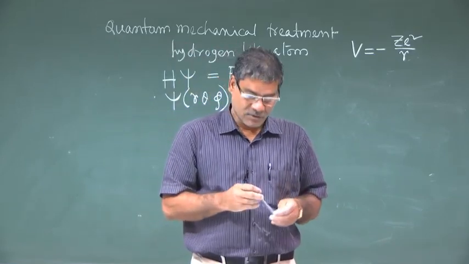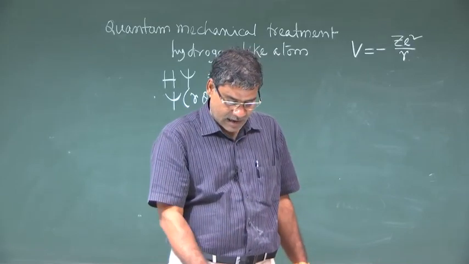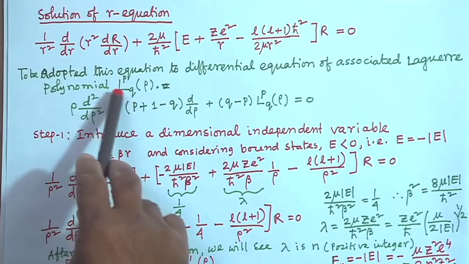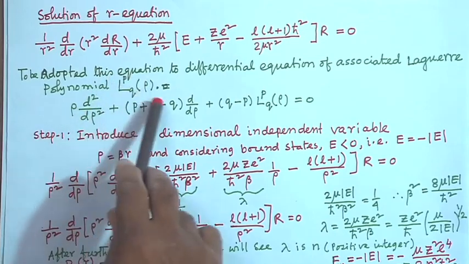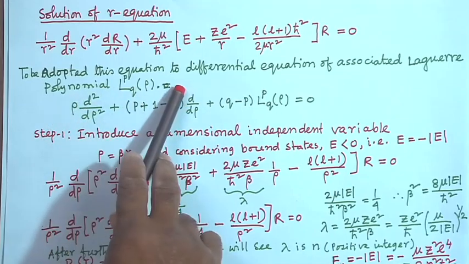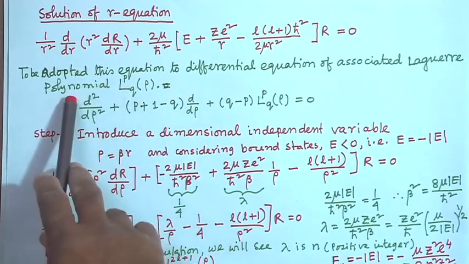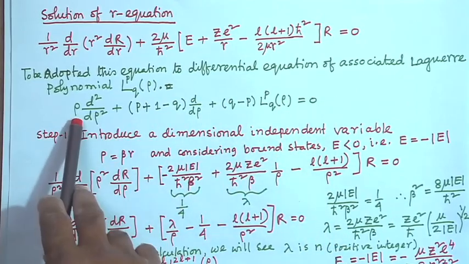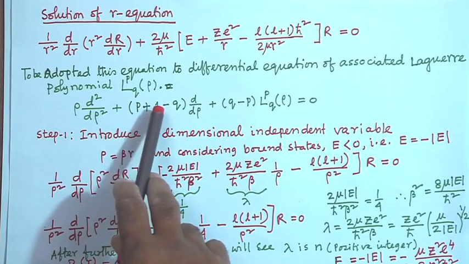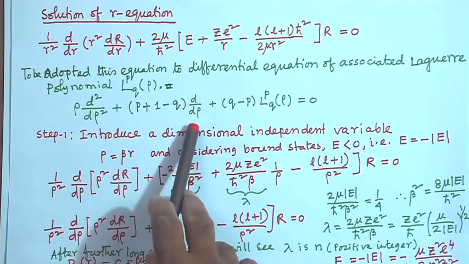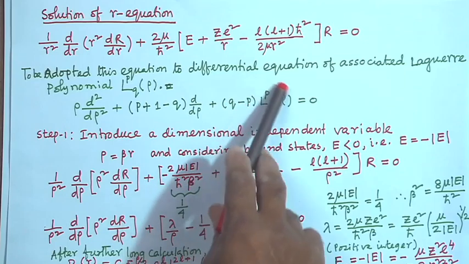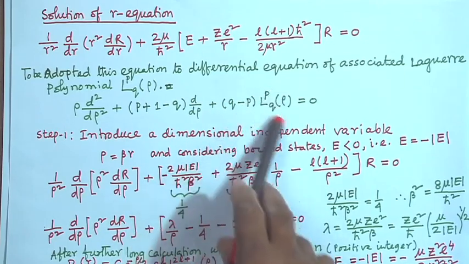This associated Laguerre polynomial, generally written L q p as a function of rho, satisfies a differential equation like this: rho d2 by d rho squared plus (p plus 1 minus rho) d by d rho plus (q minus p), acting on L q p of rho, equals 0.